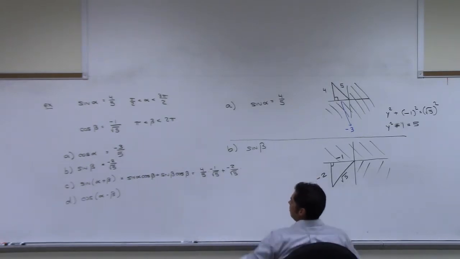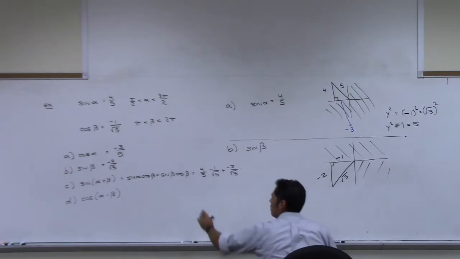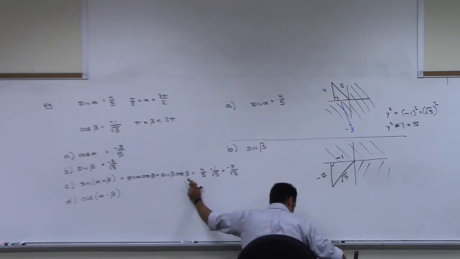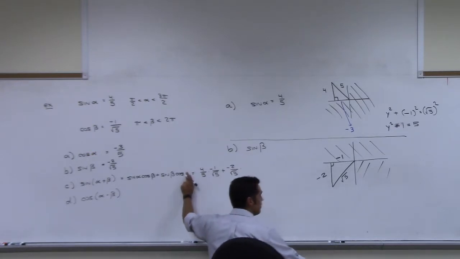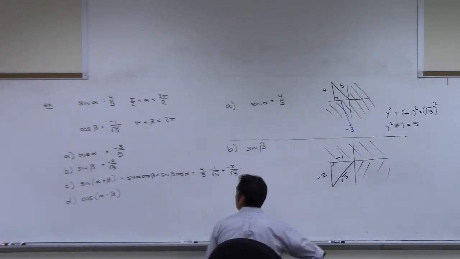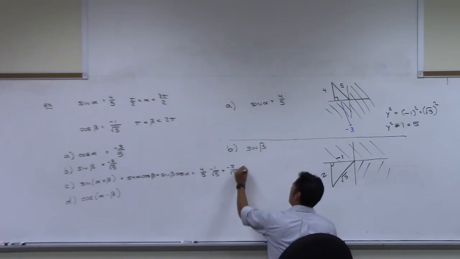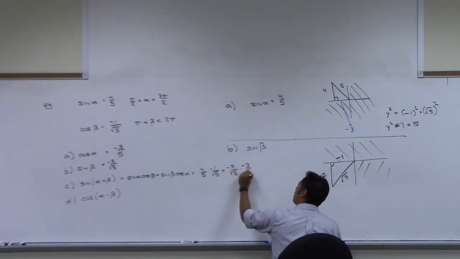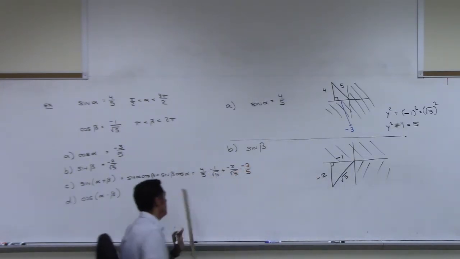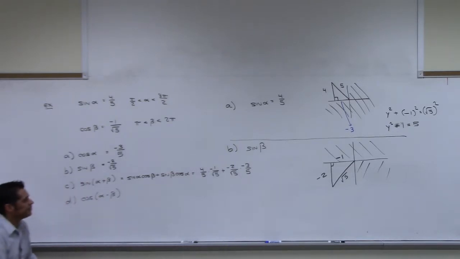Wait a minute, hold on. I messed that up. This is supposed to be what right here? Alpha. This is supposed to be alpha right here. Y'all see that? Alpha right there. Cosine alpha was -3 over 5. All right. Everyone see where that comes from? Now multiply your fractions straight across.